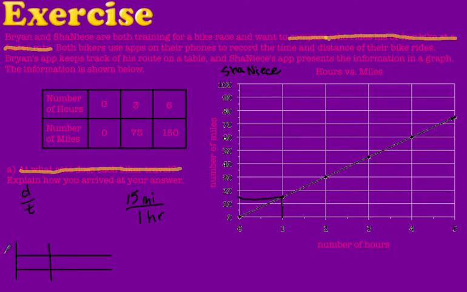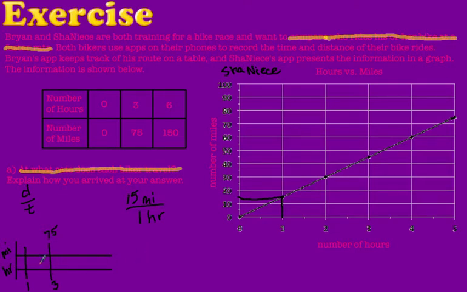So on top I'm going to put miles, and on bottom I'm going to put hours, and I know that if he goes 75 miles, it'll take him 3 hours. And I want to know how far will he go in 1 hour.